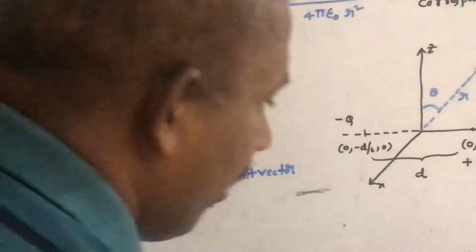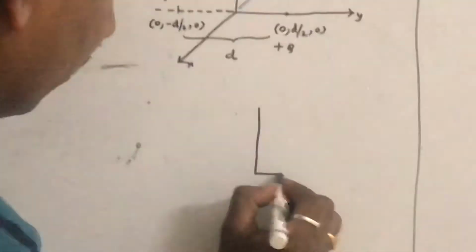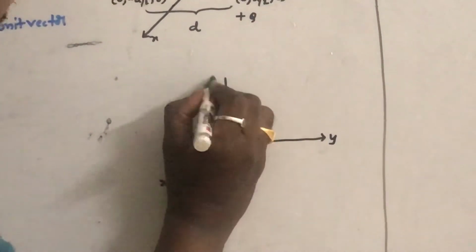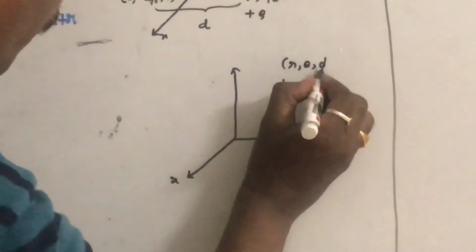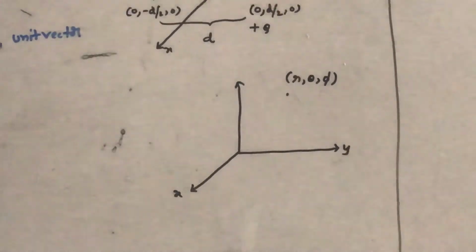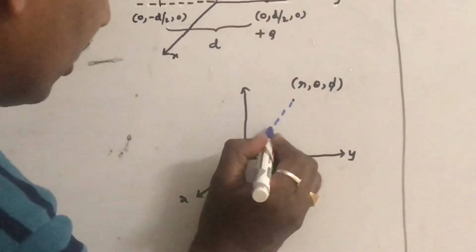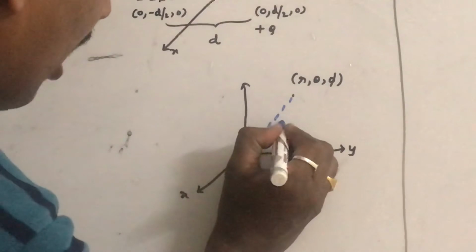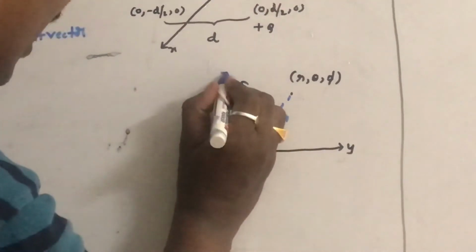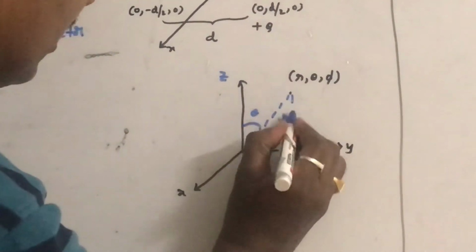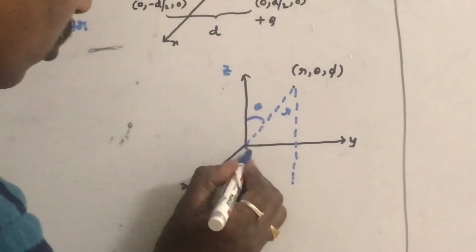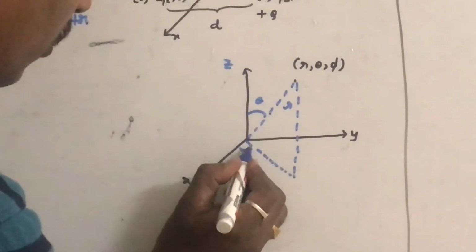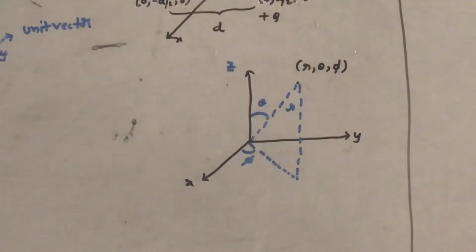Now coming to the three-dimensional coordinate system, as you know, x, y, z. If you take any point (r, theta, phi), the distance from the origin is r. The angle with the z axis is theta. If you project this point to the ground plane, it touches the xy plane. So this angle is called phi.